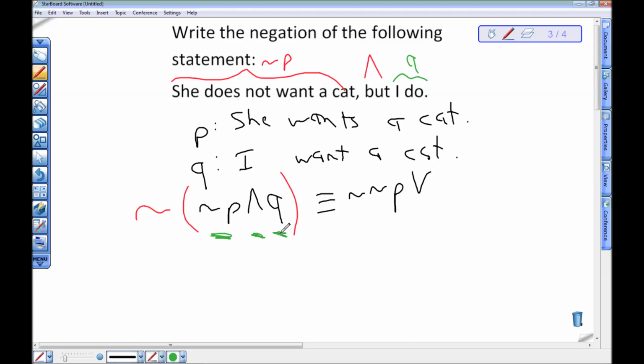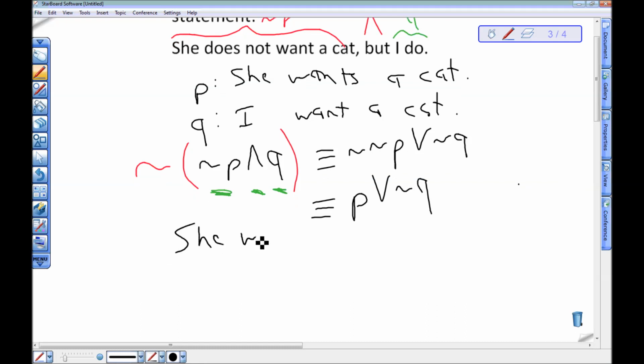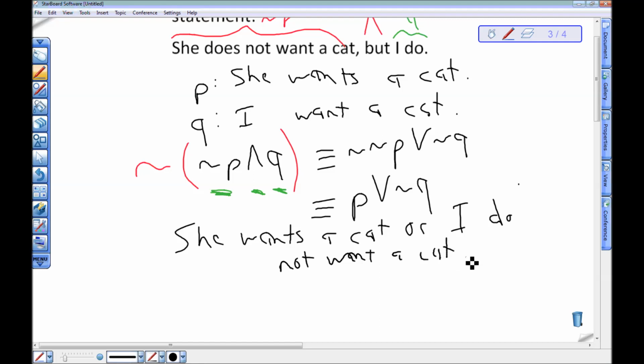And then I negate my third thing, so the negation of Q is not Q. I can use an equivalence that I don't even need to make the truth table to see must be true: it is not true that not P is the same thing as P. So the negation of she does not want a cat, but I do, should be P or not Q, which in words is she wants a cat or I do not want a cat.